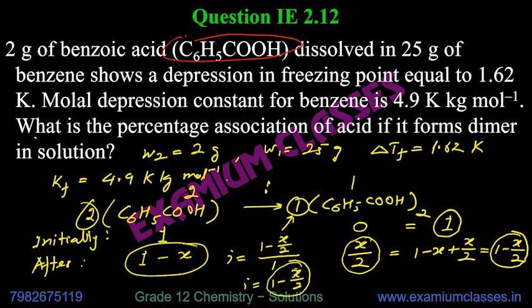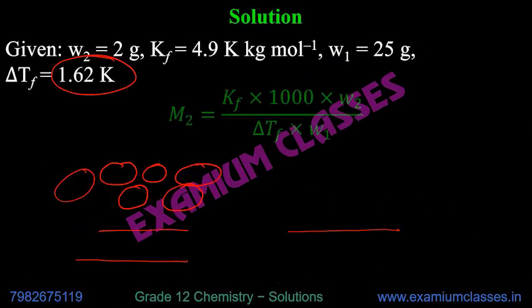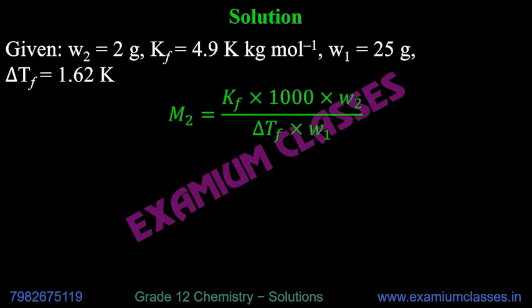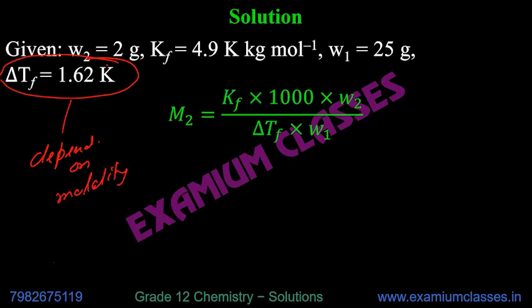Because this delta TF depends on molality, and molality depends on the number of particles. Now the actual number of particles is different, so molality will be different, and delta TF will be different in this case. So whatever delta TF is given is for abnormal molar mass, not normal.